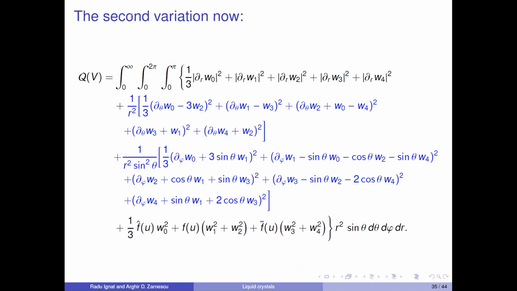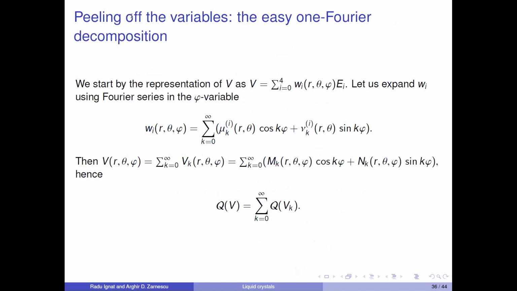This is the second variation. You still have couplings at the level of theta and at the level of phi. And then there is the bulk potential, the nonlinearity, where you see this ODE for U, and it comes in three different packages. What you try to do is to show that this works for any variation, so this is the more general variation.